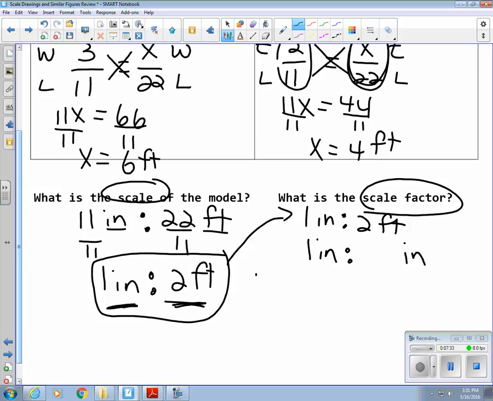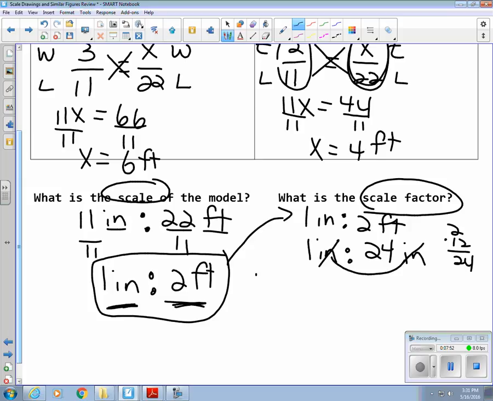Well, I know that every foot is worth 12 inches, and I have 2 of those feet. So I'm going to have 2 times 12, which is equal to 24 inches. So 2 feet is worth 24 inches. Now that my units are the same, we can just go ahead and drop them.